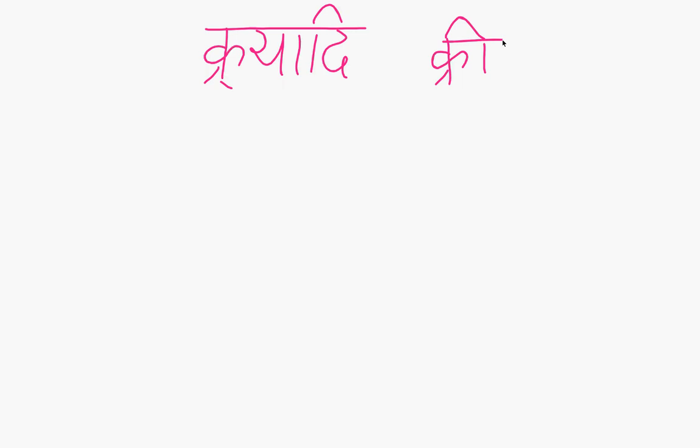And finally, the dashama gana name is churadi gana, the dhatu gana starting with chur dhatu. Lat lakara is chorayati.